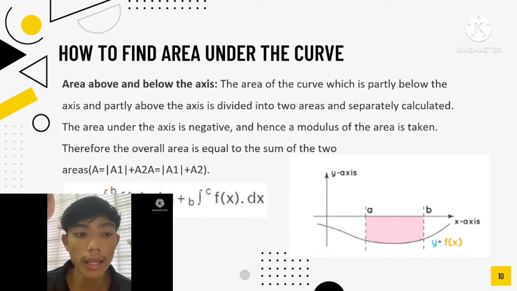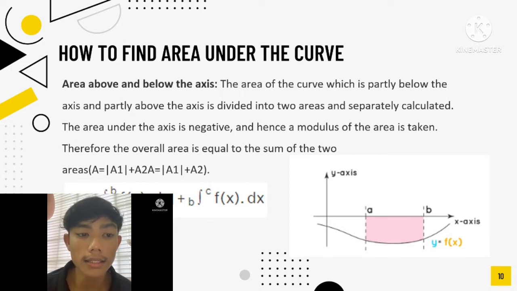Then the next slide, how to find area under the curve. Area above and below the axis: the area of the curve which is partly below the axis and partly above the axis is divided into two areas and calculated separately.